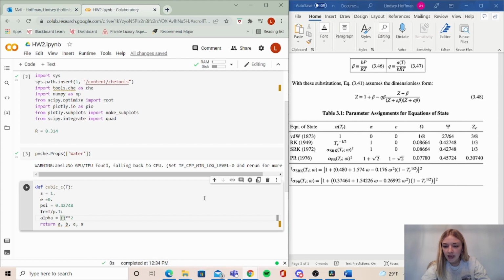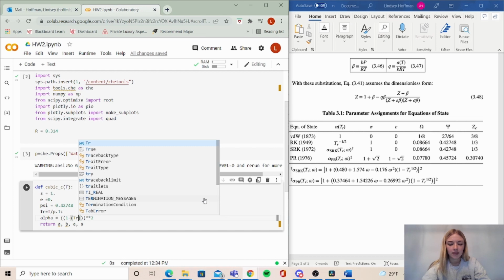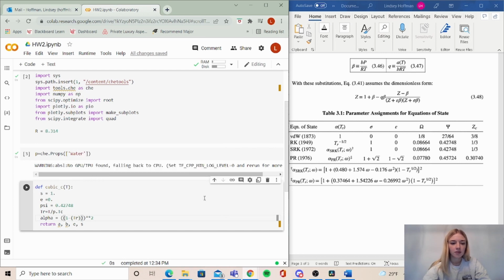And then I'm going to go from right to left just because it's easier for me. So we're going to have 1 minus our reduced temperature to the 0.5 power.